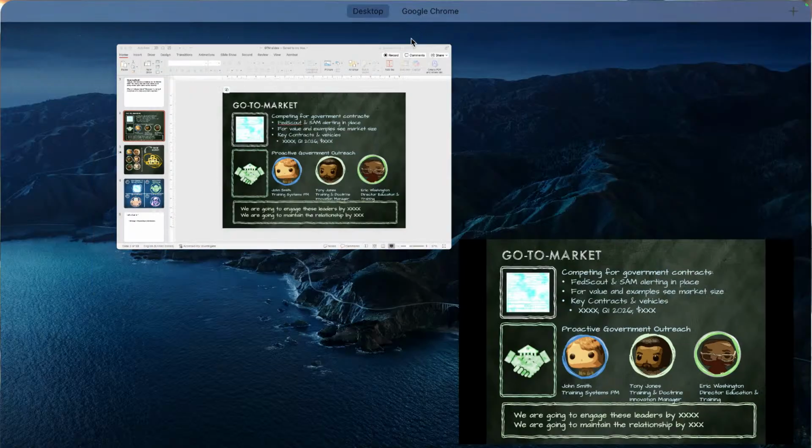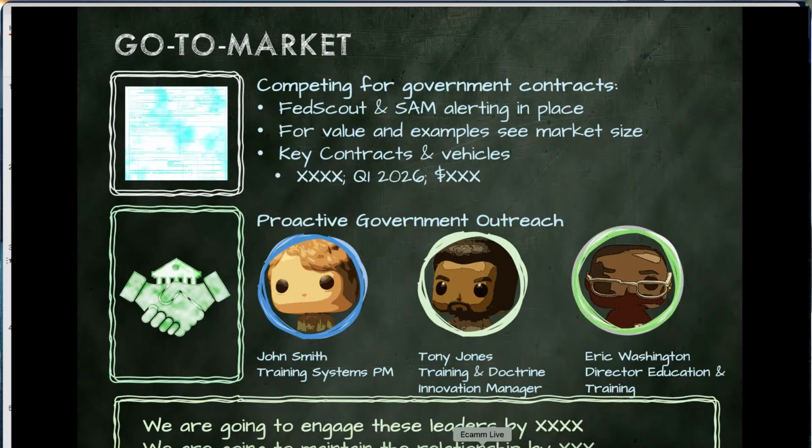And I just want to spend a minute to say, why is the go-to-market slide so important? The reason is that this is the slide where everything becomes real. Because in the rest of your deck, you're painting this utopian picture of what the world could be.